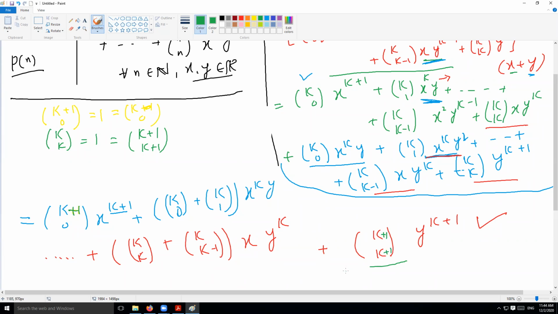Right? And how about these terms now? What should I do with them? Do you remember any identities from your permutation combination knowledge? Any theorem, any identities that you remember?